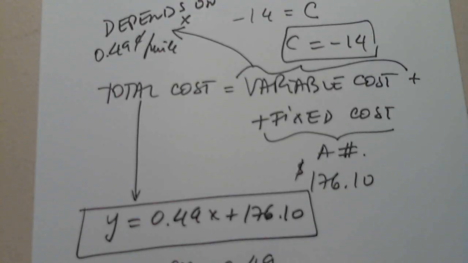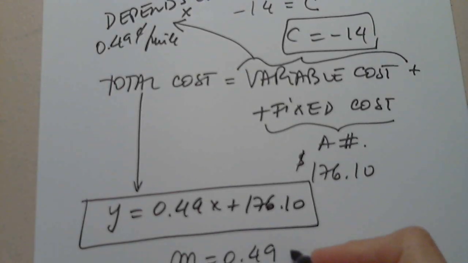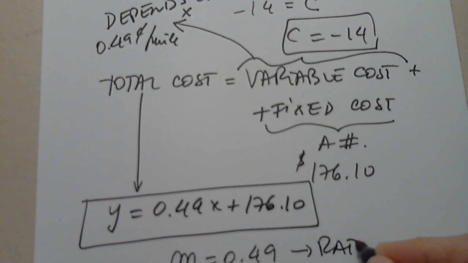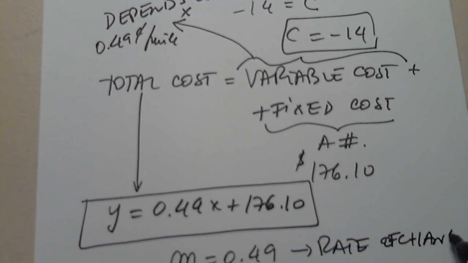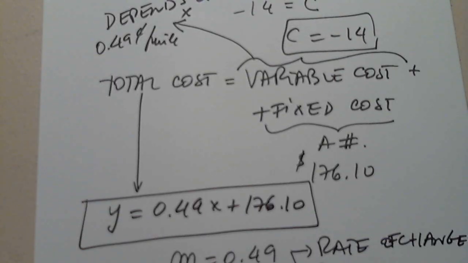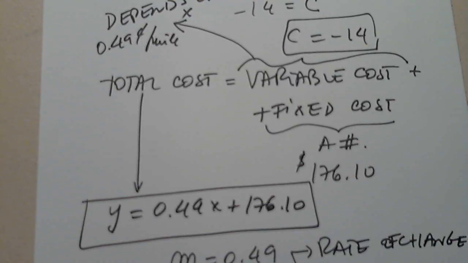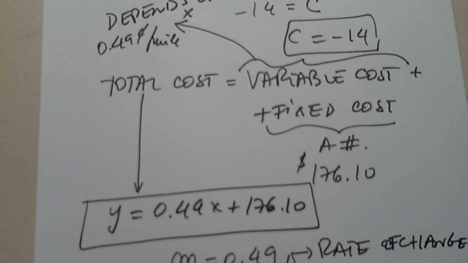And remember, the slope always is like a rate of change. It always has two measurement units. It's a ratio. Because it's a ratio, that's why it has two measurement units.